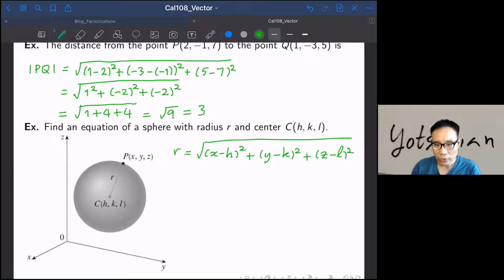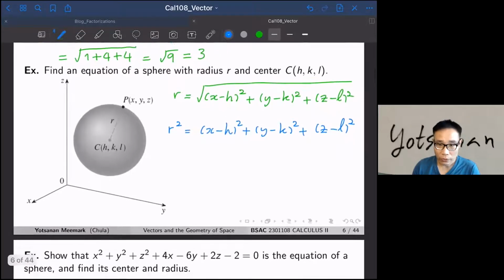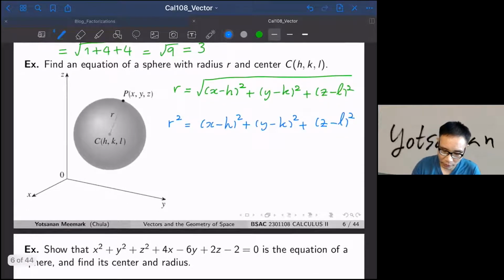And then you're going to square both sides. So you have r squared equal to (x minus h) squared plus (y minus k) squared plus (z minus l) squared. And this gives you the equation of the sphere.